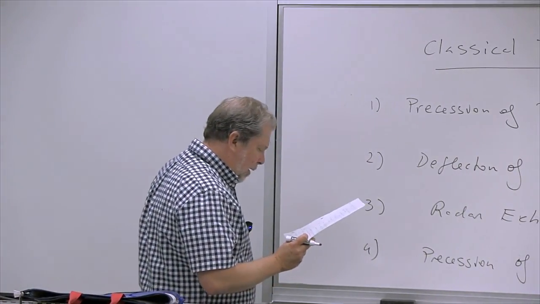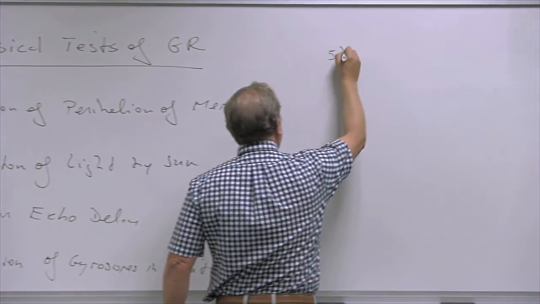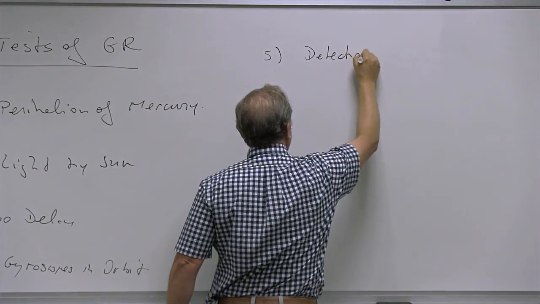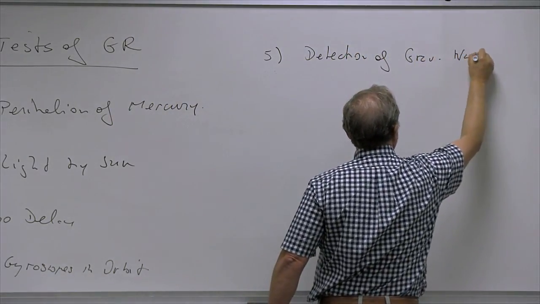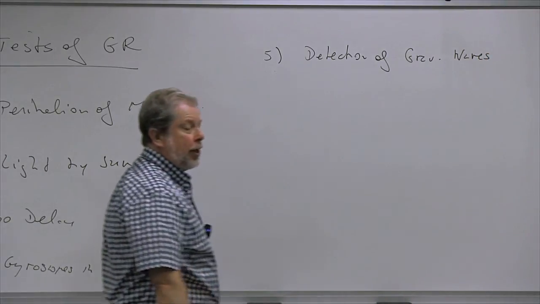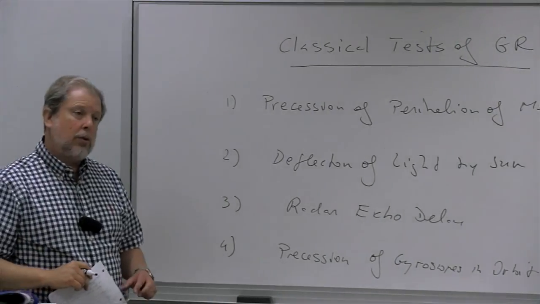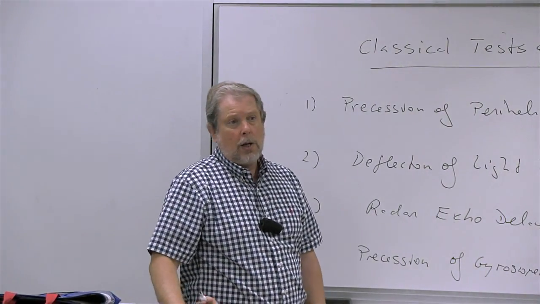And then we have, of course, the prediction of gravitational waves. So detection of gravitational waves would be another major test of general relativity, not only the detection, but also showing that you do get, in fact, the right polarization states for it.